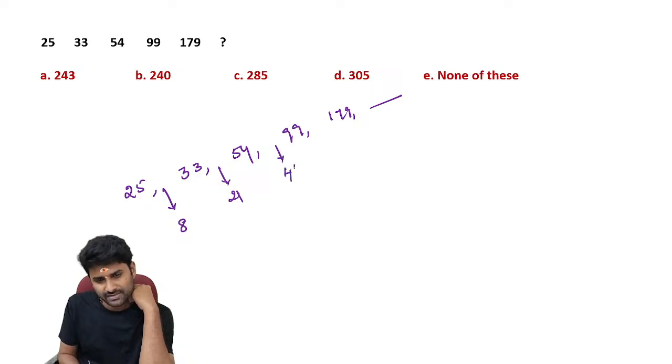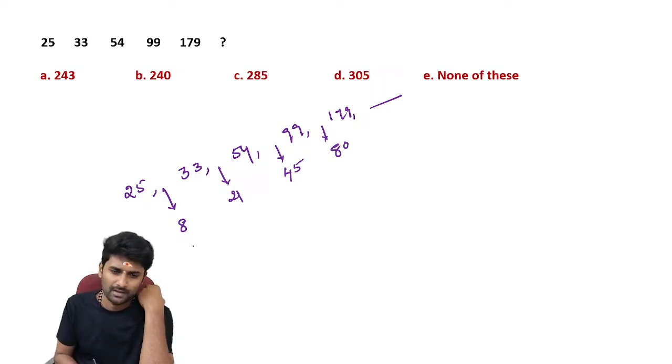It's a difference of 45 units. It's a difference of 80 units. So we are unable to see any proper sequence.